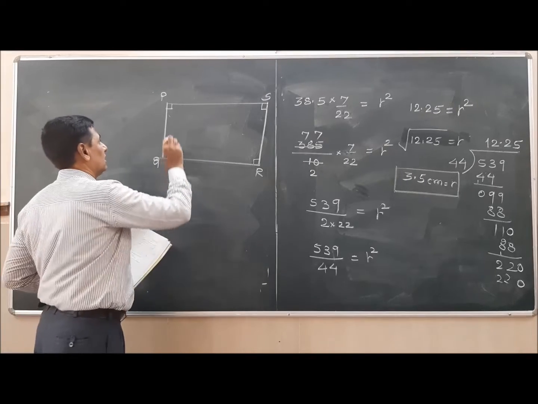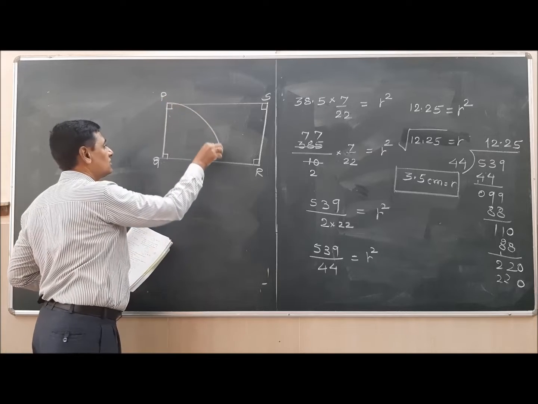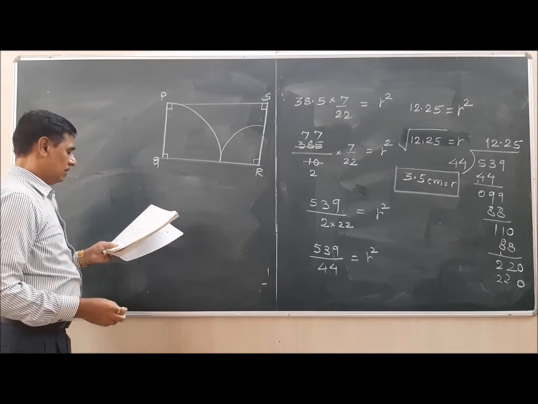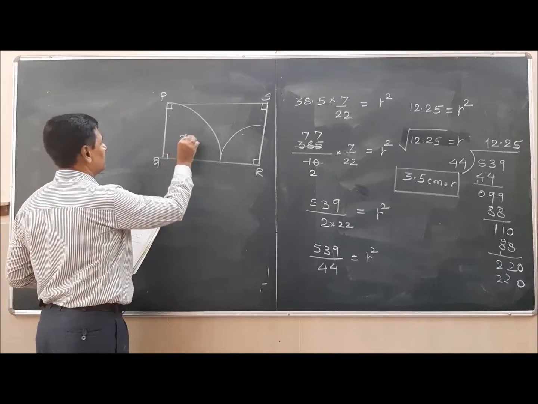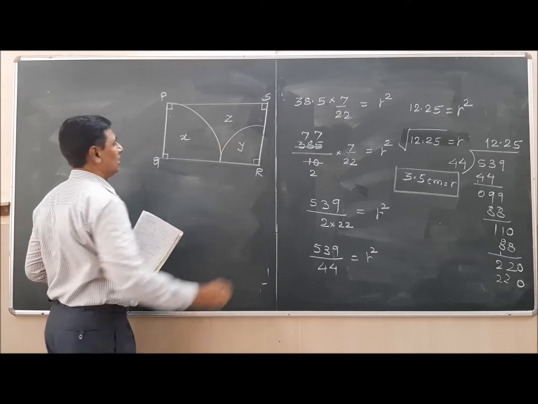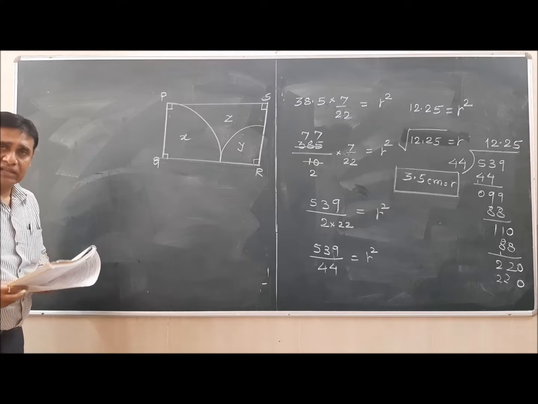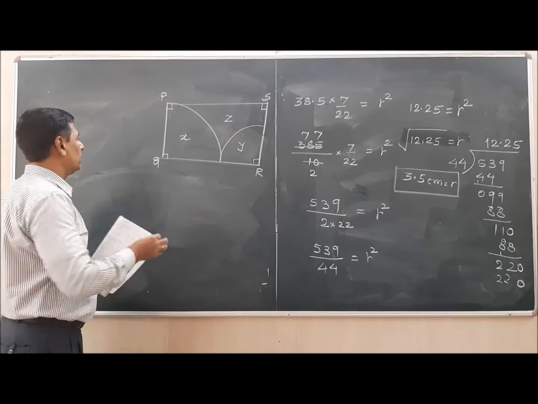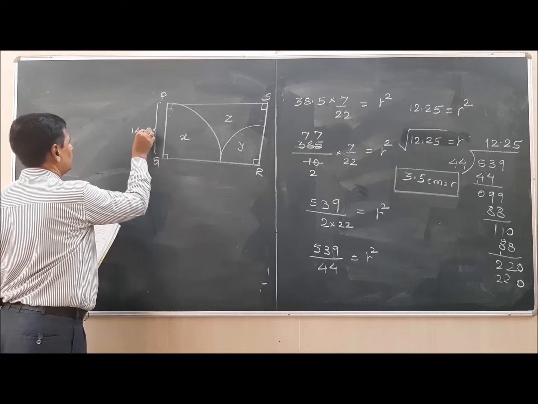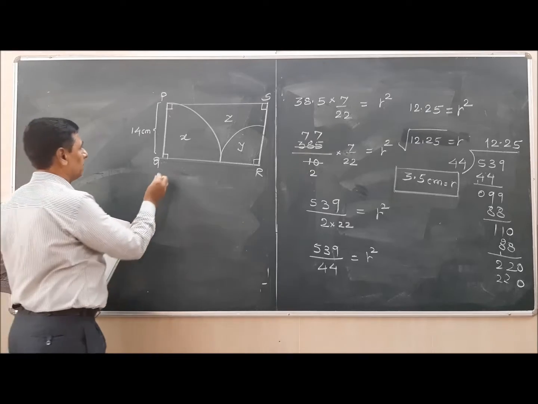Next, this rectangle is divided into sectors. The first region is labeled as X, the second region is labeled as Y, and the third region is labeled as Z. They have also given us the dimensions of the rectangle. PQ is given as 14 centimeter. Then they have given us QR as 21.